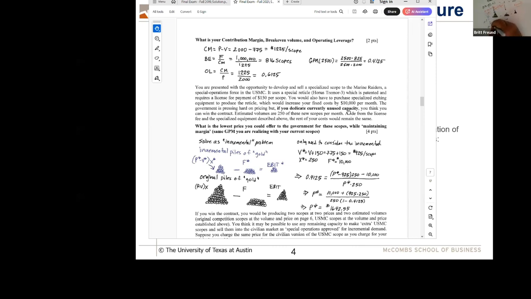But that's going to be the contribution margin I get from the new Marine Corps. Whatever new price I charge them minus their new variable cost, that's the contribution margin I get to put on this pile. And I'm going to sell some volume of this. That's going to be times X star. And I have to pay $10,000, and I'm going to get some incremental gold over here, the EBIT that I'm going to get from the Marine Corps.